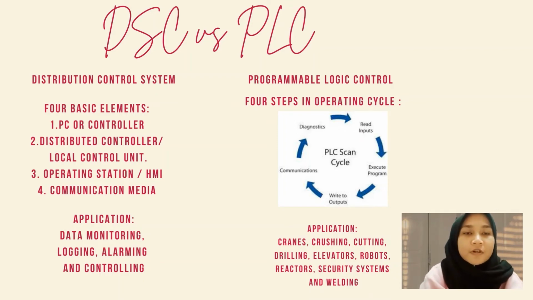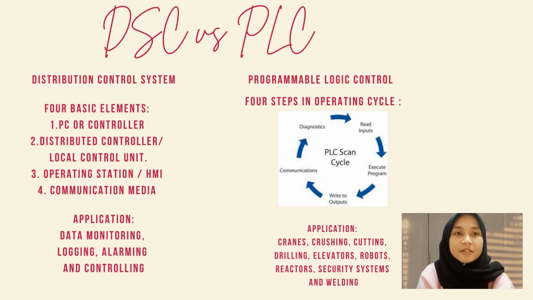I will explain about the control system applied in this company. First of all, control systems have two types, which are DCS and PLC. DCS is distributed control system, meanwhile PLC is programmable logic controller. The difference between both control systems is that DCS has four basic elements: PC or engineering controller, distributed controller, operating station, and lastly communication media.